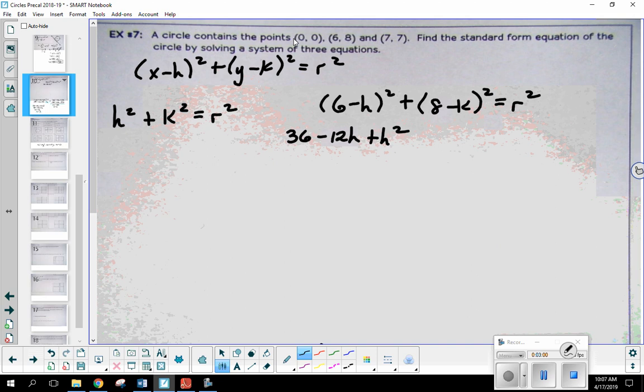I can tell you guys are really on board with that. Okay, but however you want to expand it. Somebody tell me, what is (8 minus k) squared? Straight up bars. Never mind, you can continue. So 64 minus 16k plus k squared equals r squared. Straight up bars, is that a new phrase?